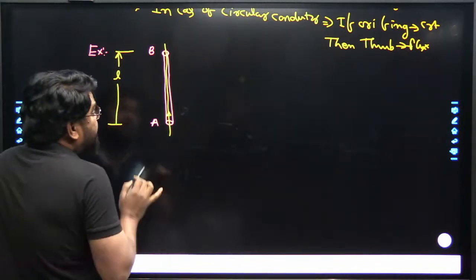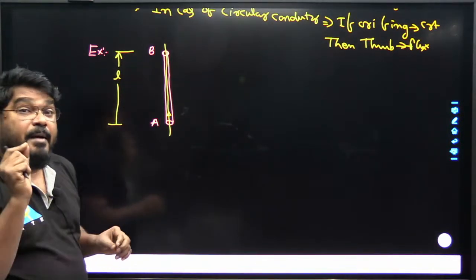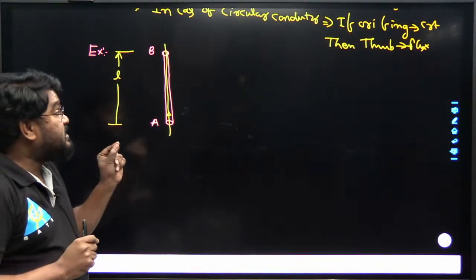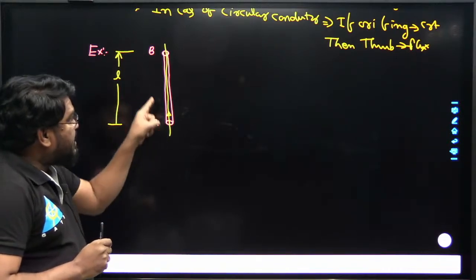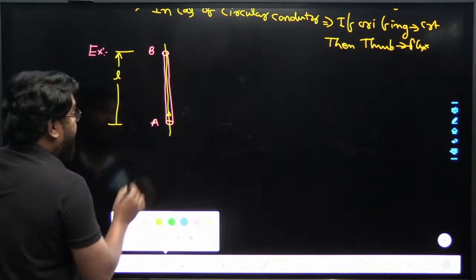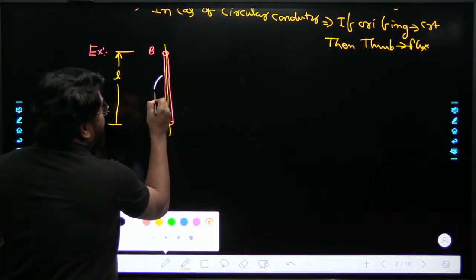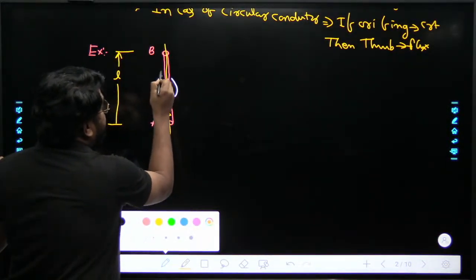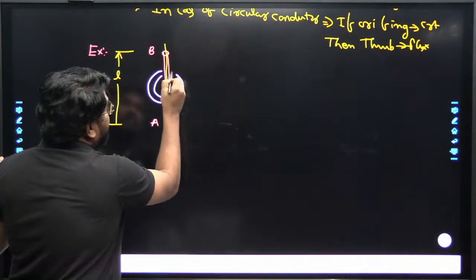So what will happen according to Ampere's law? Ampere's law states that a current carrying conductor produces a magnetic field around it. So this magnetic field is produced around this conductor, like this.